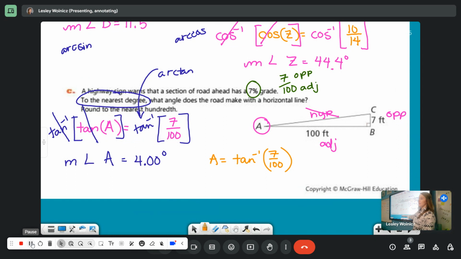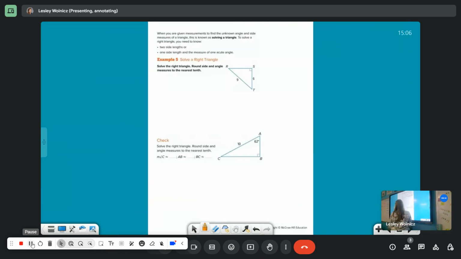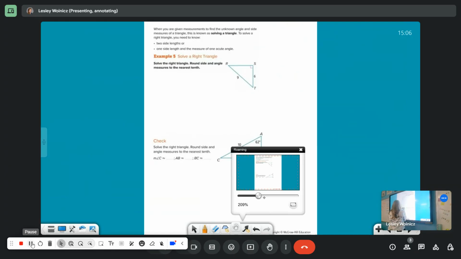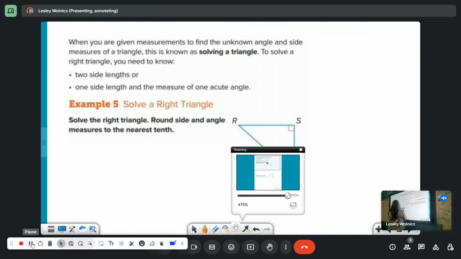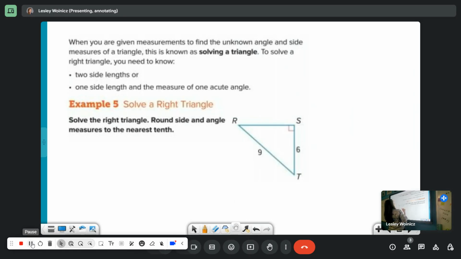I could never do this. I had to set it up each time and then do the inverse of both sides. But some of you will be able to do this and put it in your calculator, and it's one step. If that's you, great. If not, don't feel bad. I couldn't do it either, and I still have to think about it. It's more important that you understand where it comes from.